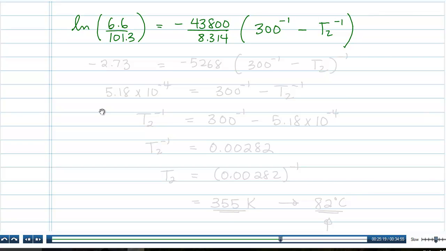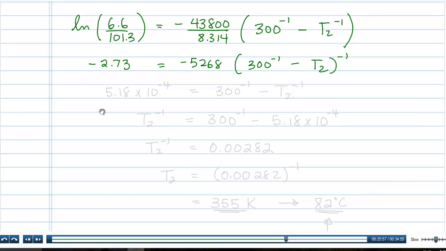Now I'm going to grab my calculator and evaluate the left-hand side. The natural log of 6.6 divided by 101.3 is equal to negative 2.73, and that's equal to, dividing the two numbers out front, negative 43,800 divided by 8.314, negative 5268 times 300 to the minus 1 minus T2 to the minus 1.